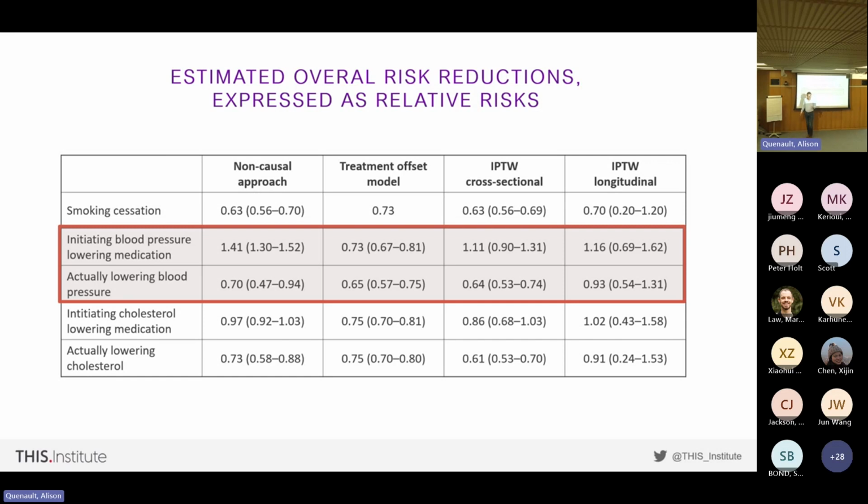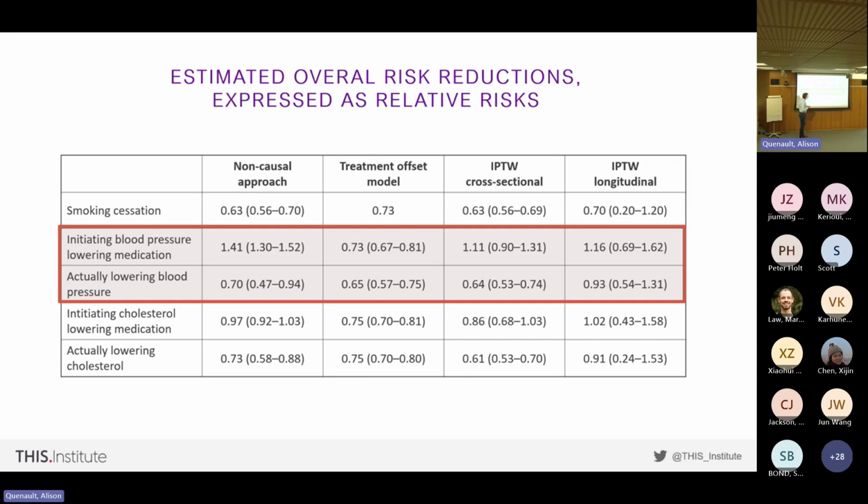And that's probably exactly for the same reason as we saw previously, there's unmeasured confounding. And none of these approaches would obviously solve that. If you model the effect of actually lowering blood pressure, it does get a lot better. And in fact, the non-causal approach isn't so bad. It's pretty close to what we know from RCT data, if we take that as the gold standard.